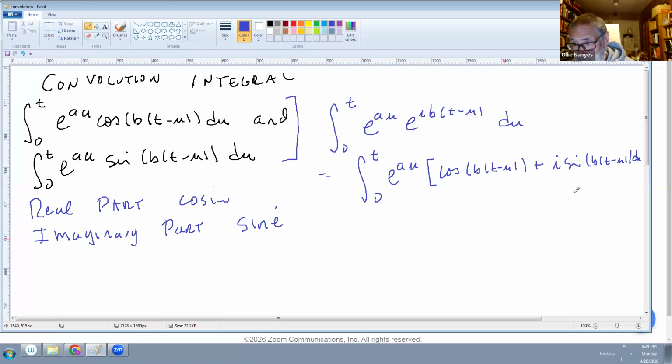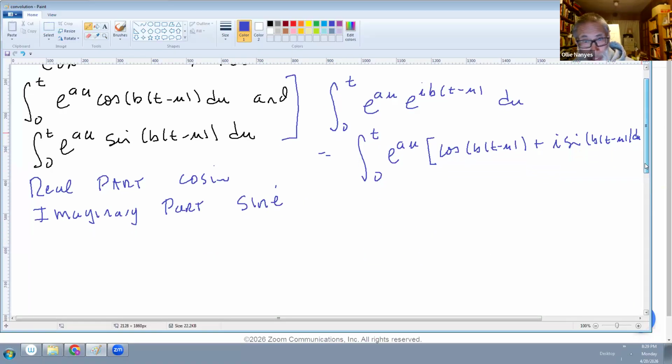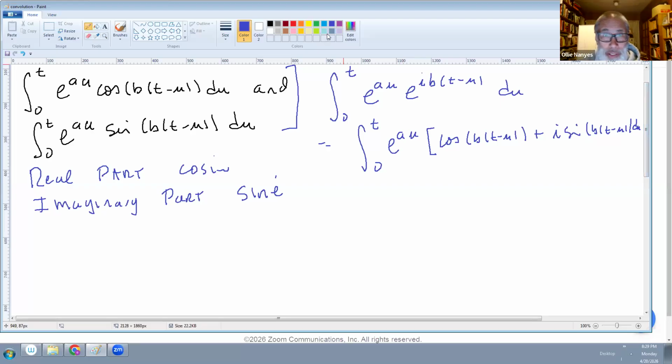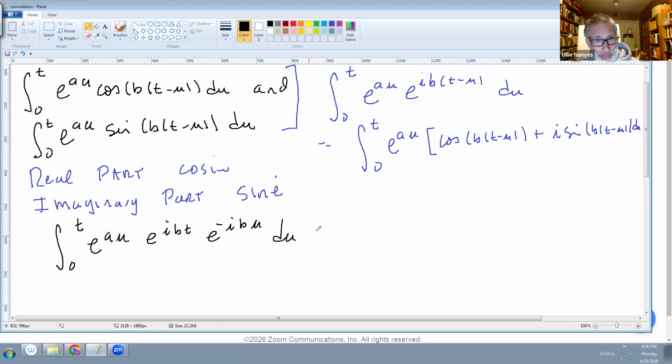And you do have to worry about my incompetence with this program. But let's go ahead and just get started on this integral here. Now we're going to start with this integral, and I'm going to go ahead and write this algebraically as follows. e to the au. I'm going to use the multiplicative properties here. e to the ibt times e to the minus ibu du.